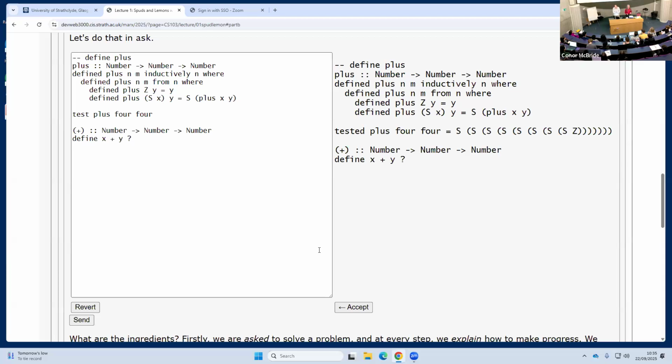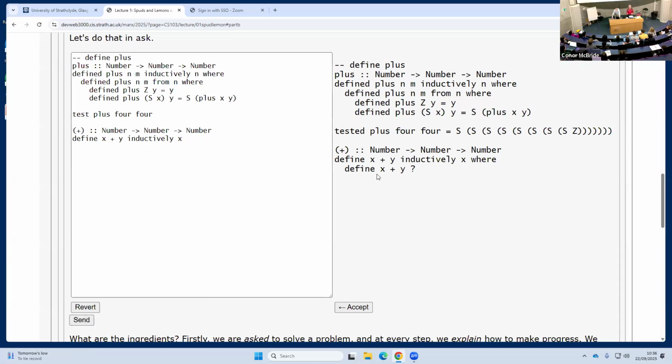So we can write the usual plus sign that we're all used to and have at least something slightly familiar. But the rest of the thing goes the same way. So it's inductively x. We're going to make the first input smaller. Okay, I just hit send.